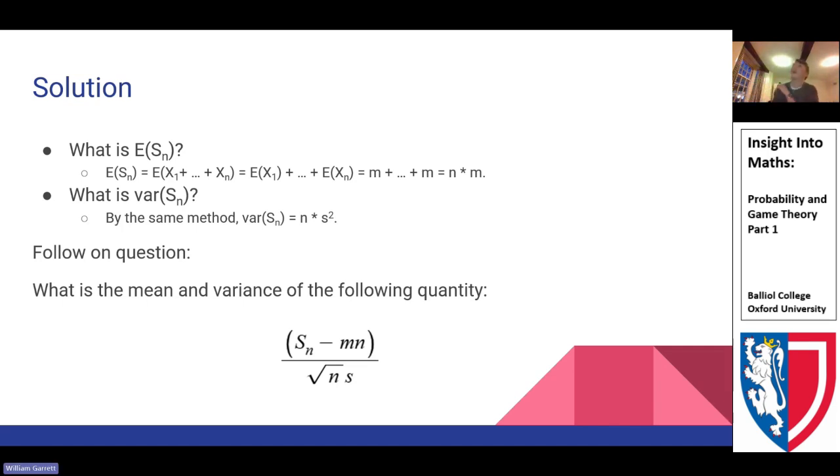So for example, let me give you a ridiculous example. If I flip a coin and I write down 1 if it comes up heads or 0 if it comes up tails, then the average thing I write down is a half.